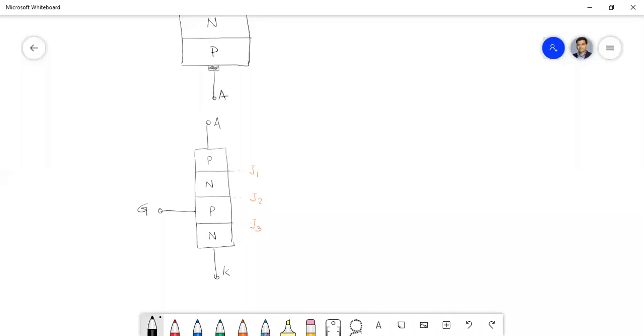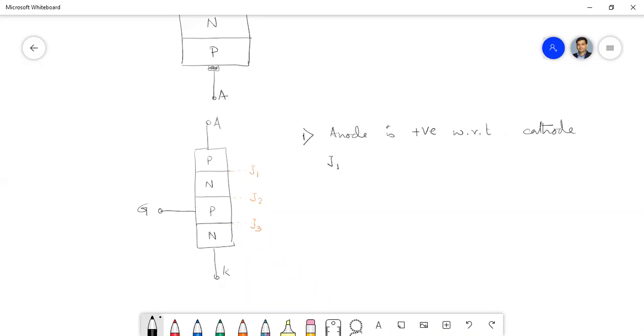Now, first I will discuss what will happen if the anode is positive with respect to the cathode. What are the conditions of the junctions?